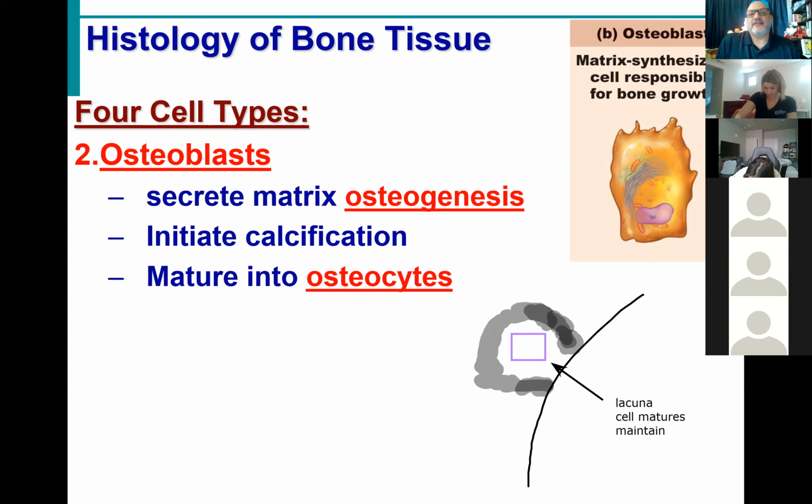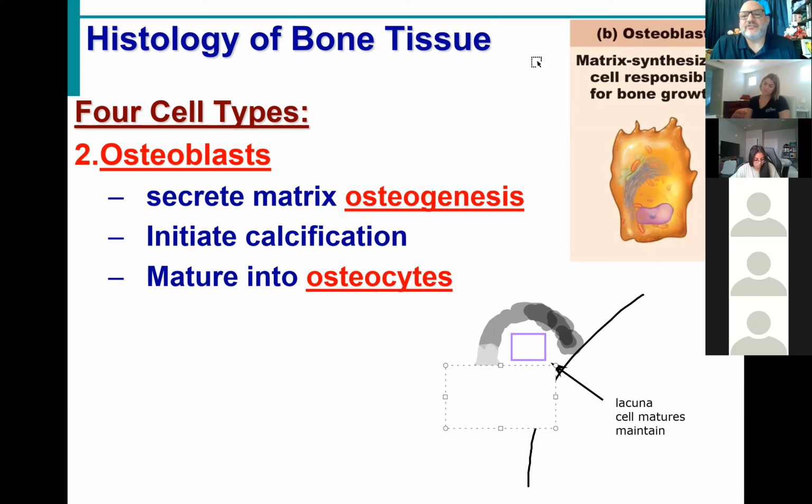If, for instance, this bone gets broken, this osteocyte is released from the matrix. It will actually go back to being an osteoblast and will make more matrix again to start the healing process. So it really is just the location of this cell that determines the stage of life that it is in.